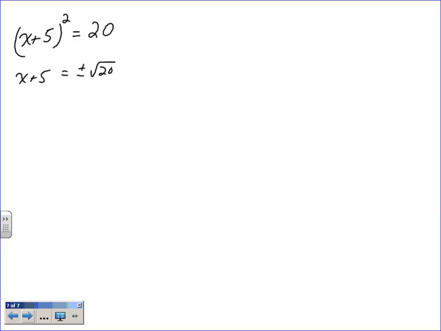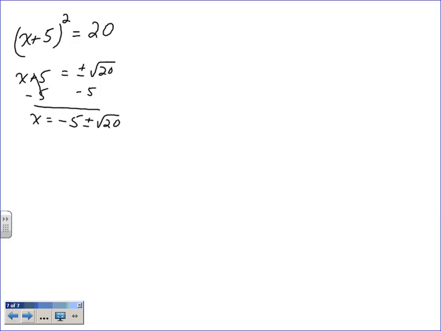And then what's our next step? Minus 5 from each side, right? And x would equal, remember what I said, we want to put this term first. So you want to put negative 5 and then plus or minus the square root of 20. All right?